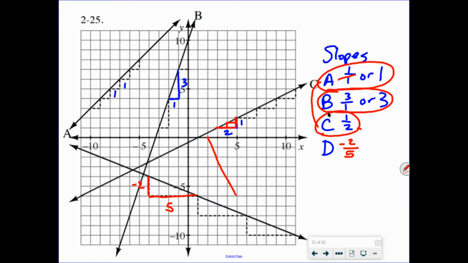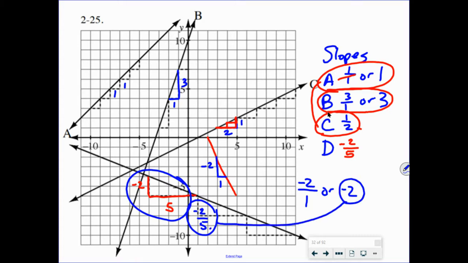My slope here, I'm going down 1 and over 2, and over 1. So it'd be -2 over 1. My slope there is -2 over 1, or -2. Compare that to this slope right here of -2/5. Now, ladies and gentlemen, what number is bigger?